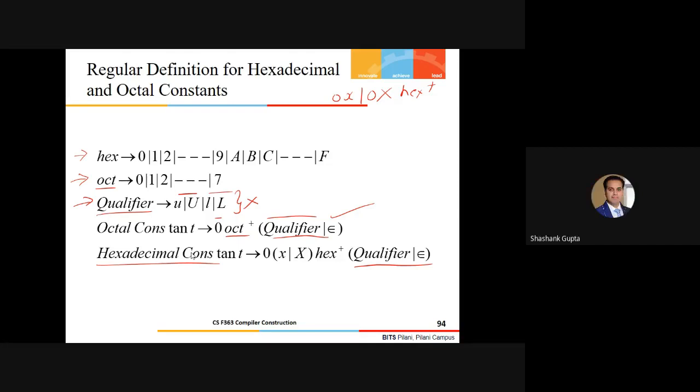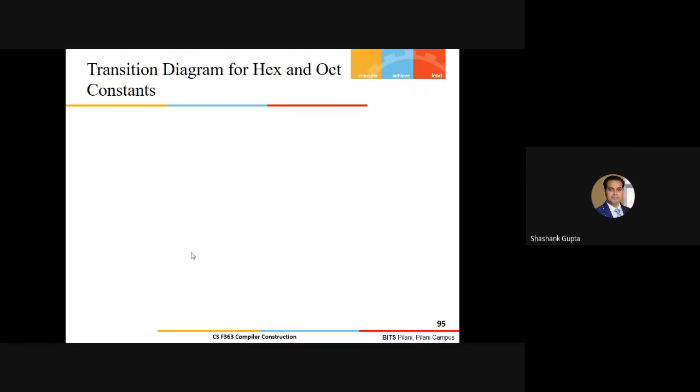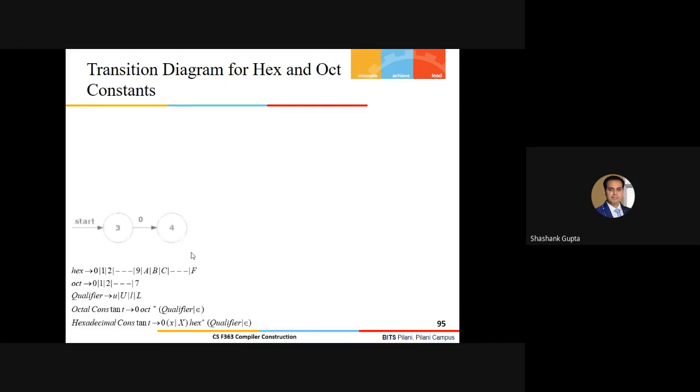Fine. Any other? Okay. So let's see now its actual implementation, which we have to notate with the transition diagram notation. Just remember the specifications which we have right now. This is the thing which we have just constructed. So what should be the first step in the transition diagram notation? It is very clear.